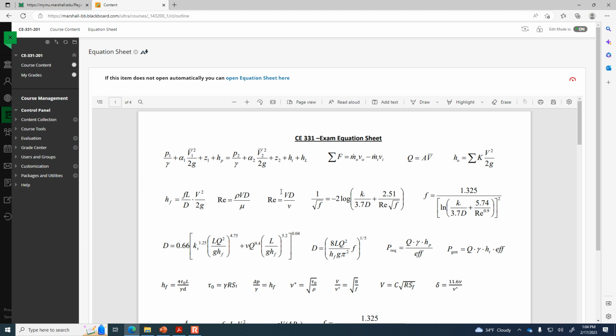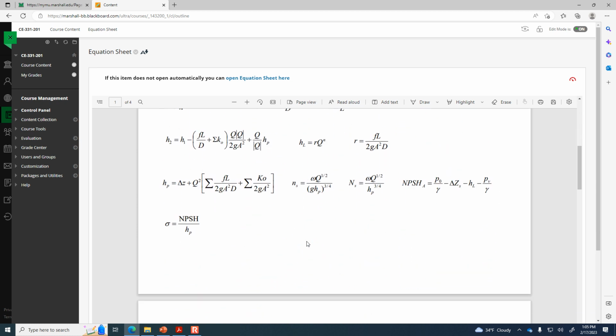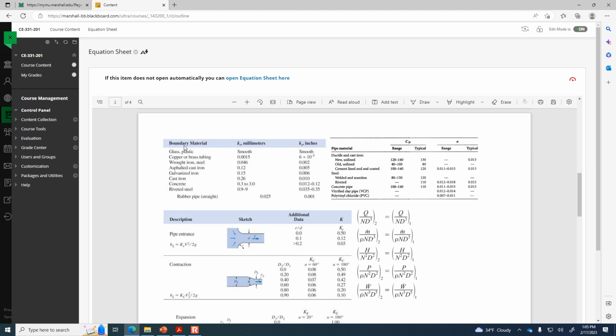Maybe it would be a good test to have you name all of these equations. I bet you could, right? Do you remember this one? I showed you, but we didn't use it. There's lots of formulas, and a few tables of, for example, equivalent sand roughness, Hazen-Williams friction factor, Manning equation roughness.